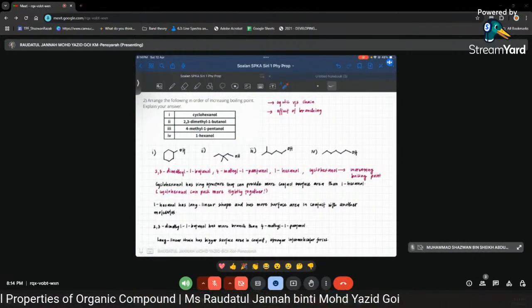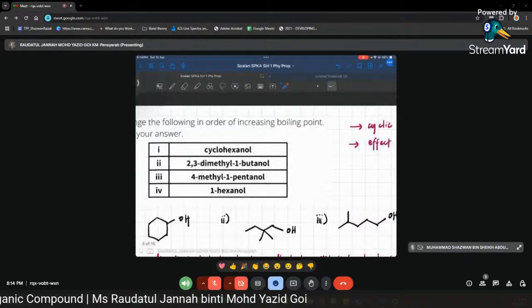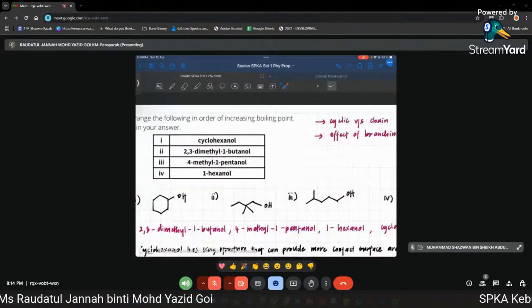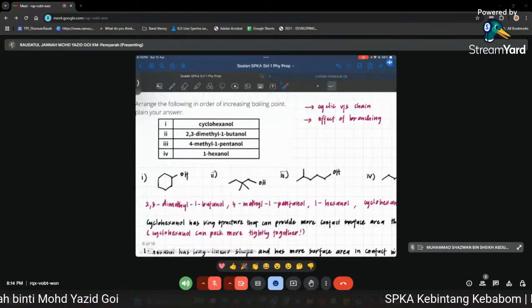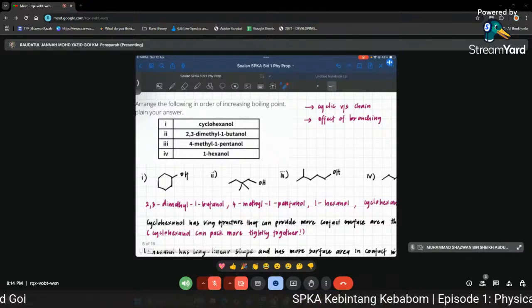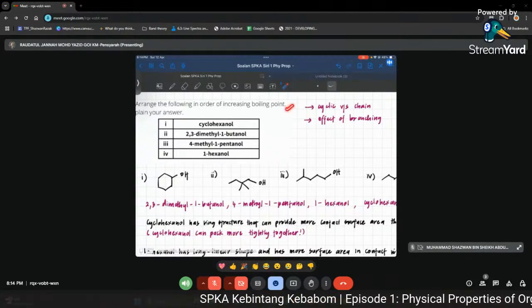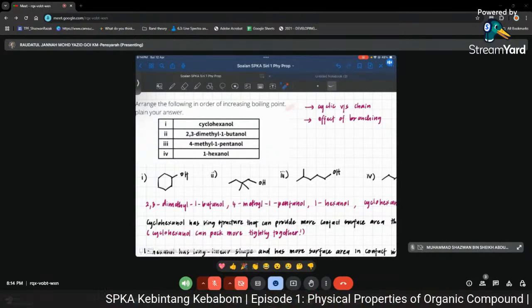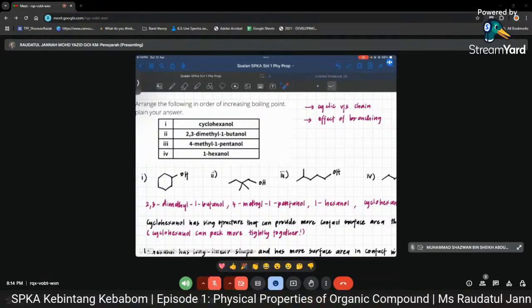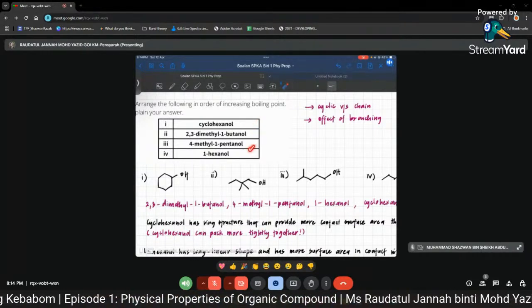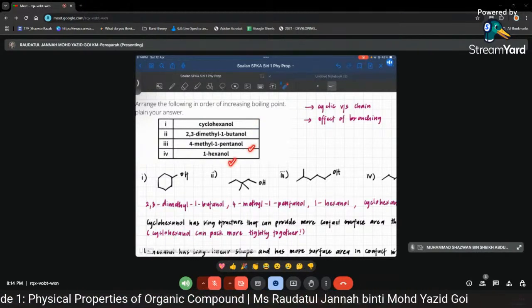Okay, so for this one here, kita akan compare the trend of boiling points for cyclohexanol, 2,3-dimethyl-1-butanol, 4-methyl-1-pentanol, and 1-hexanol.